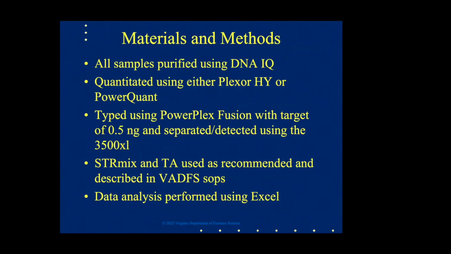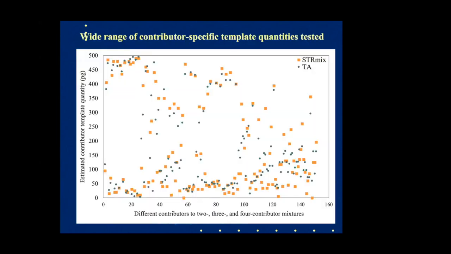And they were separated and detected using a 3500xL. STRmix and TrueAllele were used as recommended and described in our standard operating procedures, which are all available to the public and published online. The data analysis was performed just using Excel. Okay, next slide. This graph is just showing you the wide range of contributor-specific template quantities tested.